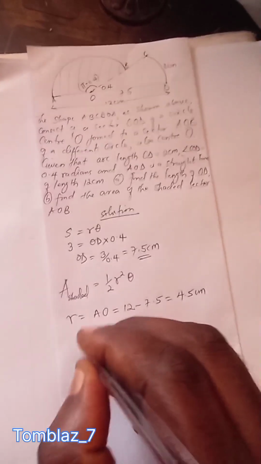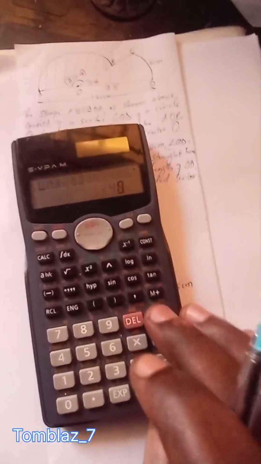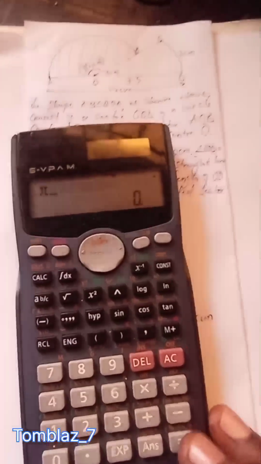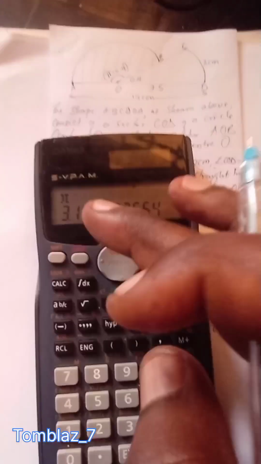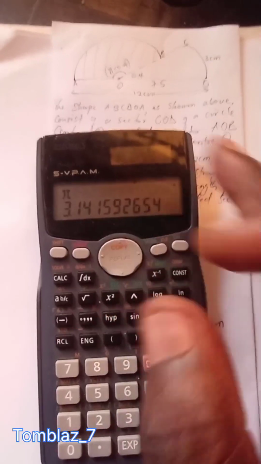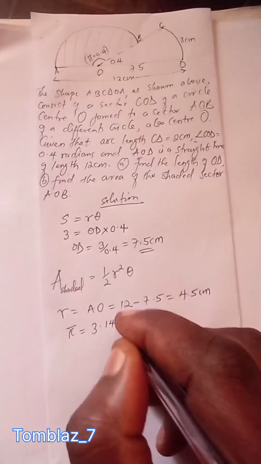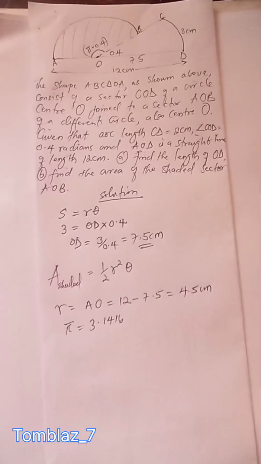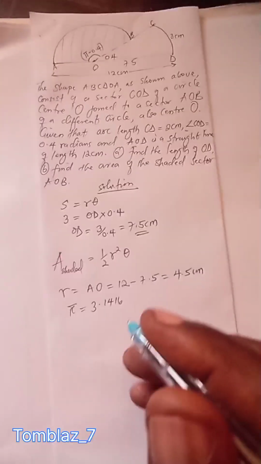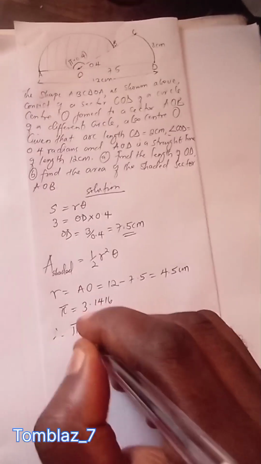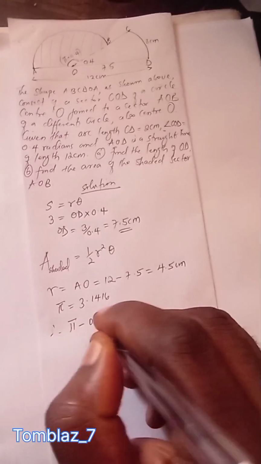If we take our pi to be, let's see the value of pi. I know it's 3.142, but let's just check it. You see 3.142, so we can just take it as 3.1416. Hence we can find pi minus 0.4.